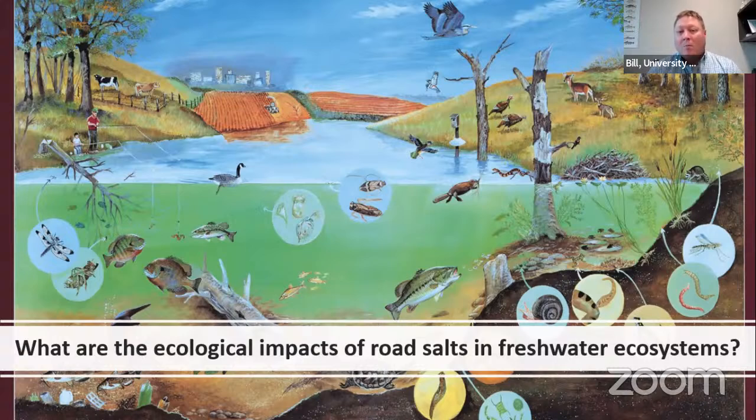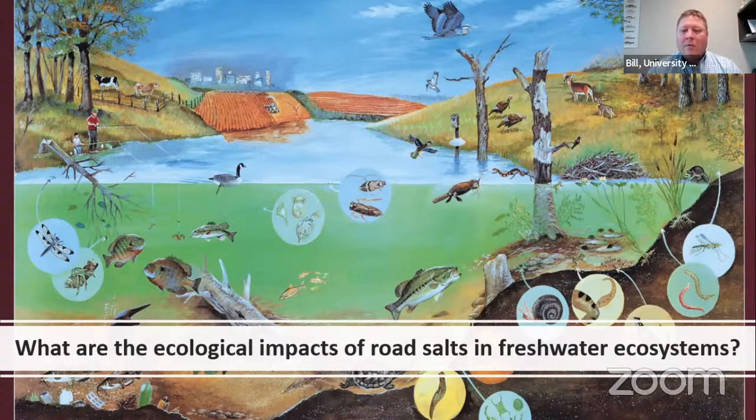What my lab does, what my research does, is focus on what happens to the organisms in freshwater ecosystems once salt is in the water. How does it alter connections between predators and prey, fish and zooplankton, and so on? When we think about freshwater ecosystems, or any ecosystem really, you can think of it as a maybe random, disorganized series of dominoes where they're not all in a line, but if you push one domino over, how many dominoes are going to fall?